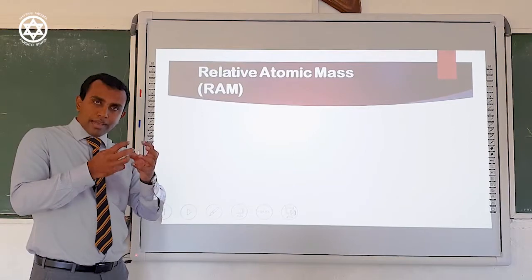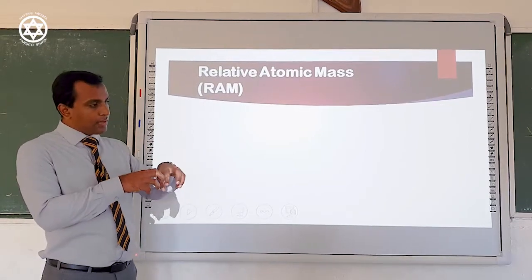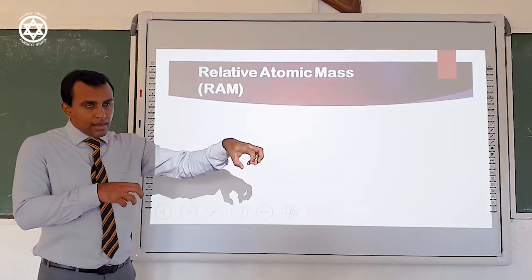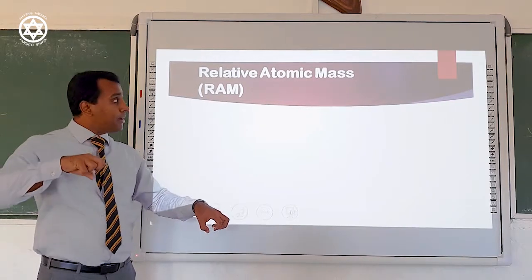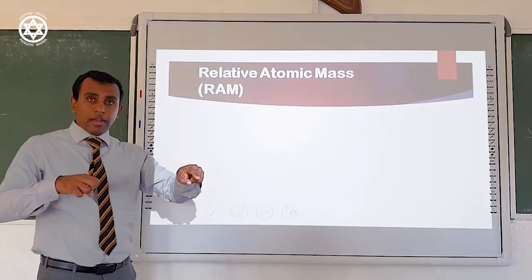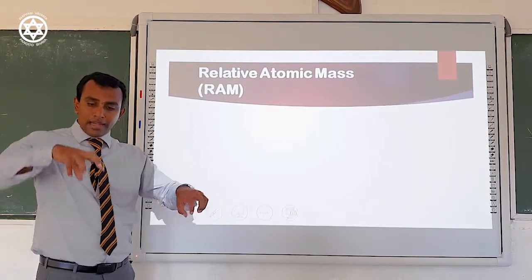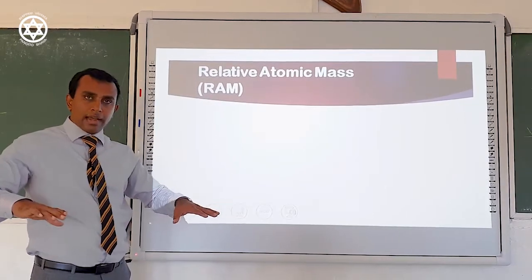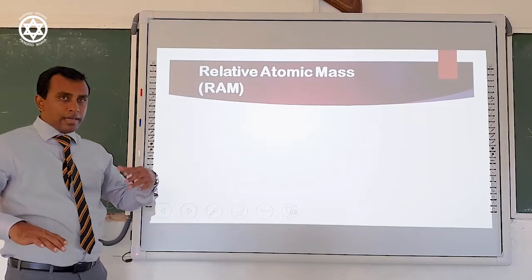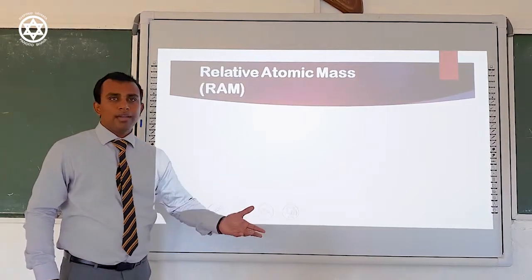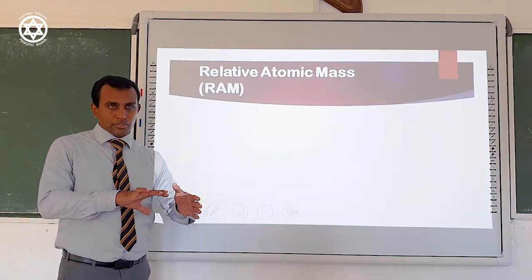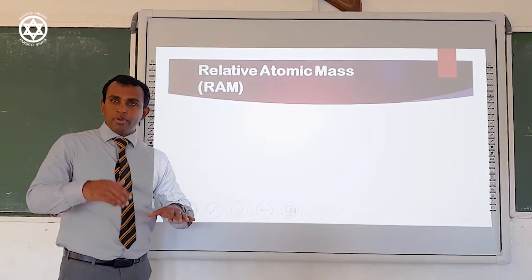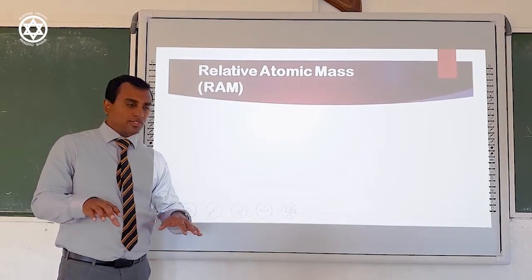If you need to measure the mass of a hydrogen atom, you put hydrogen atoms on one side. Then the atomic mass unit, meaning the mass of the C12 atom divided by 12, is put on the next side. When the two sides are equal, we call it the relative atomic mass of hydrogen. That means the mass of hydrogen is measured in comparison with the atomic mass unit.